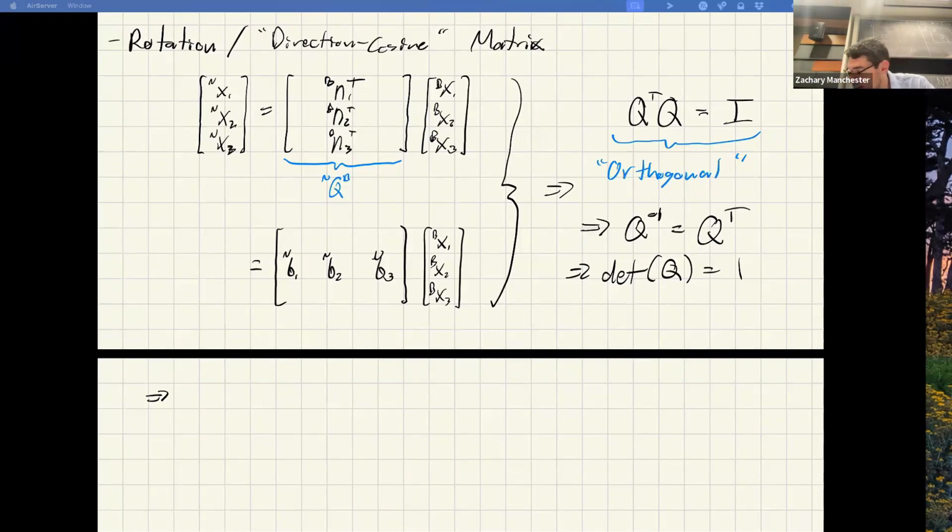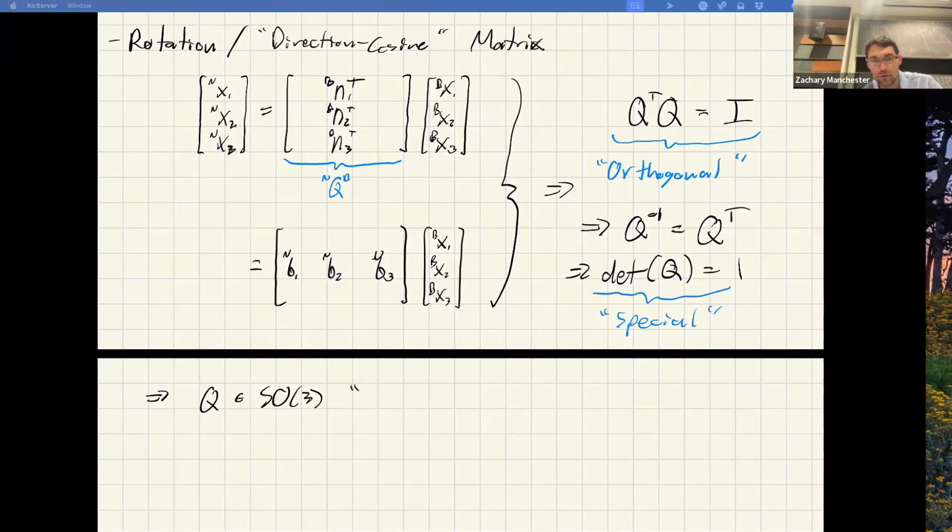So this thing is what we call special. If you put the special together with the orthogonal, we write this the following way, which hopefully you've seen before. Q is in SO3, where the S means special, the O means orthogonal, and the 3 means 3D.